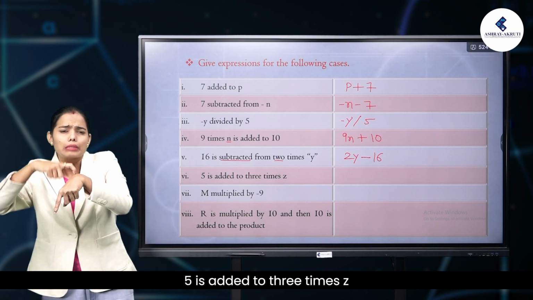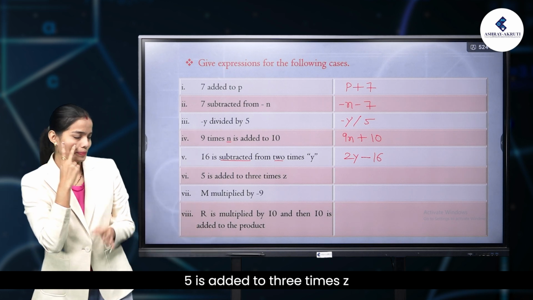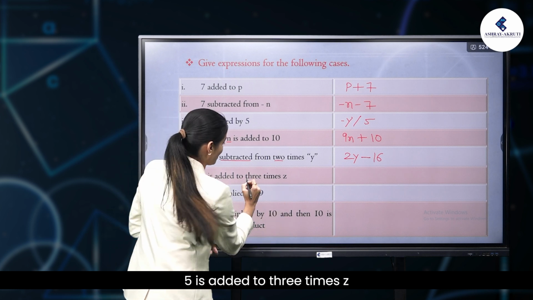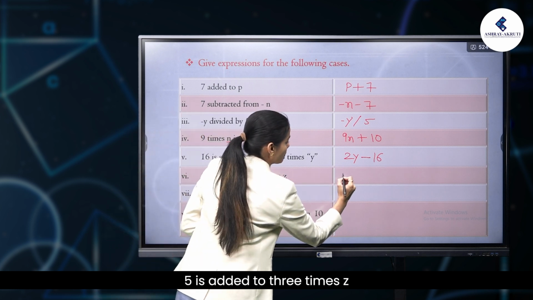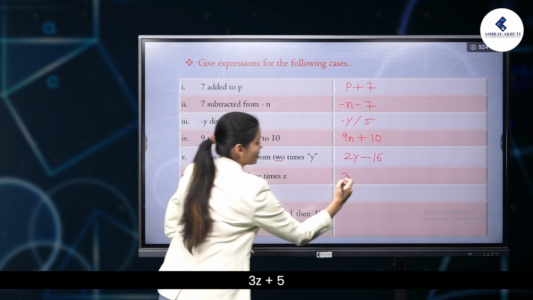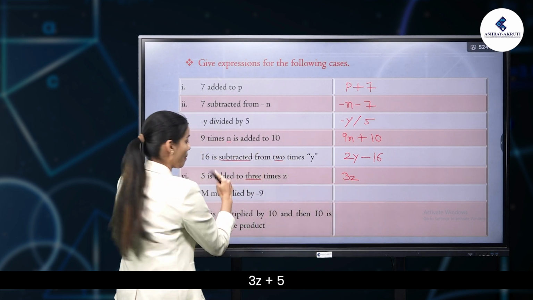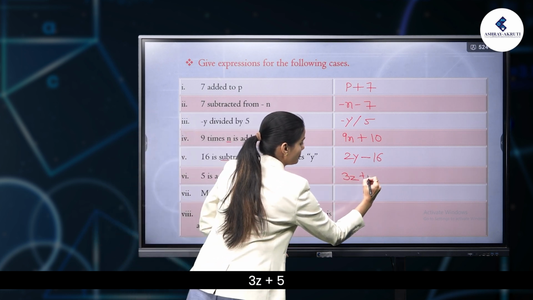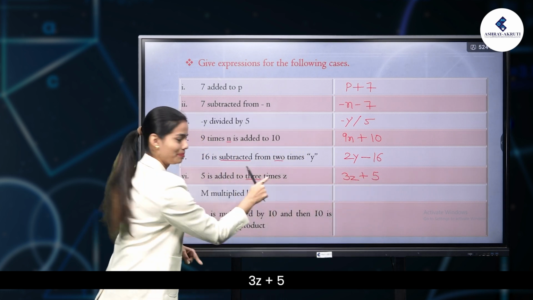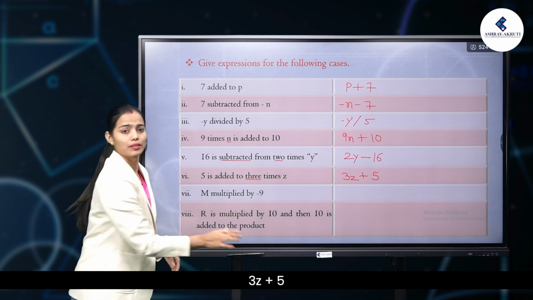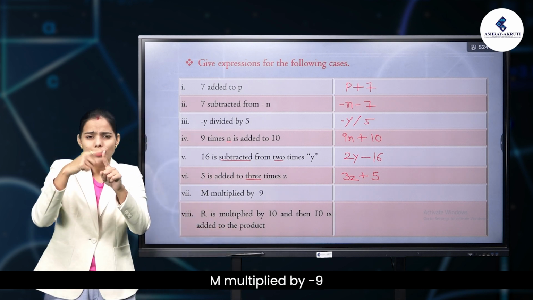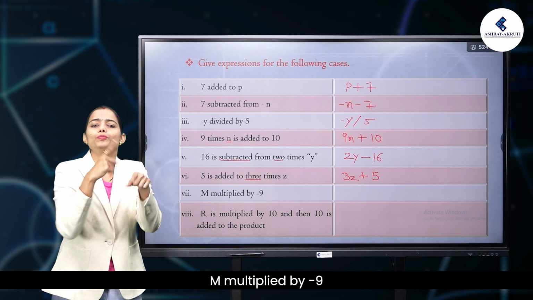Five is added to 3 times z. 3z plus 5. m multiplied by minus 9.